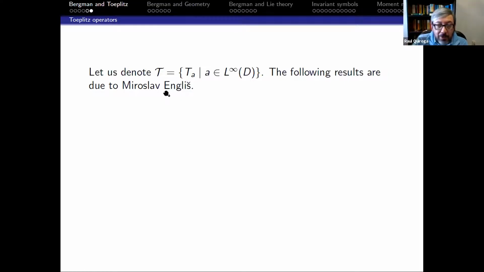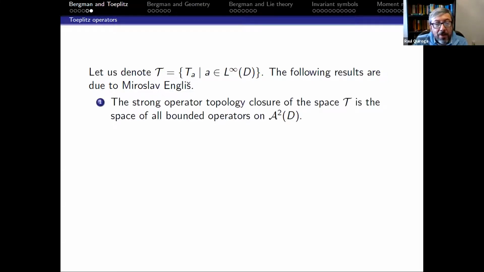Then there are many, many results that you can say about this and the algebra that it generates, but I'm going to mention some results that I found very interesting due to Miroslav Engliš with this generality. First of all, in the strong operator topology, the closure of the space of Toeplitz operators is all of the bounded operators.